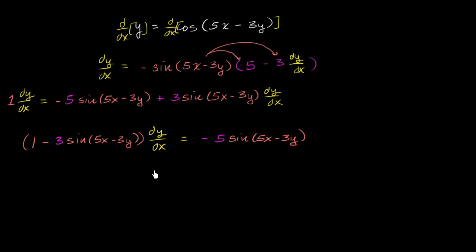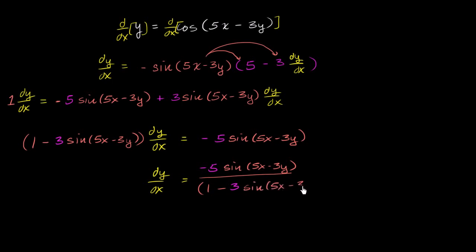And we are left with dy/dx is equal to negative 5 times the sine of 5x minus 3y, all of that over 1 minus 3 sine of 5x minus 3y. And we are done.